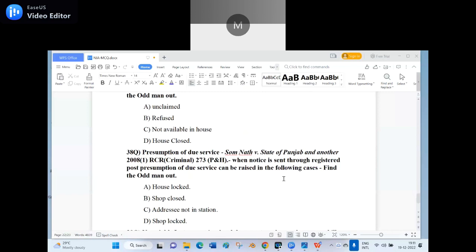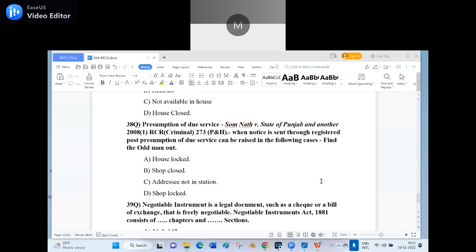C, addressee not in station. And D, shop locked. Sir, D. Option C, sir. Option C? No, D. If you say option C, it is wrong. D, sir, option D, shop locked. If you say option D, it is right. We say shop locked, no, shop closed.